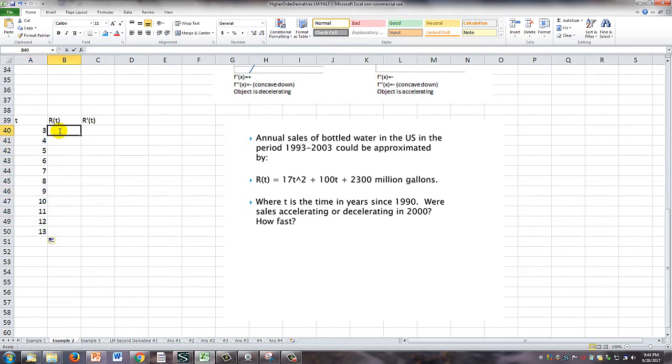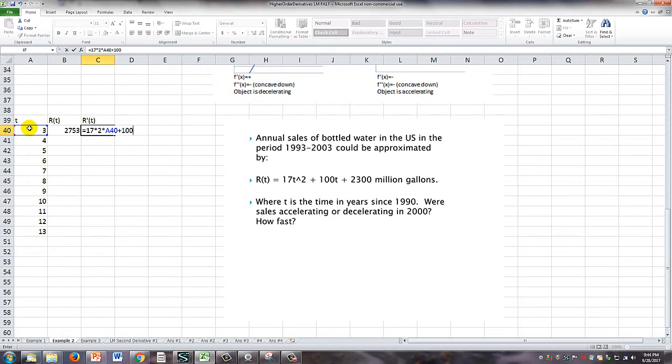And then the original function is 17 times t squared plus 100 times t plus 2300. And then the first derivative is the constant 17 times the derivative of t squared, which is 2 times t, plus the derivative of 100t, which is 100.